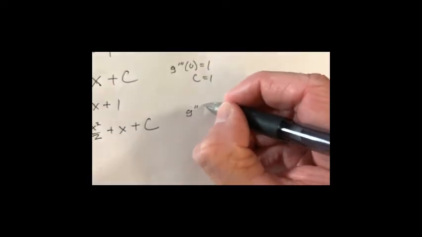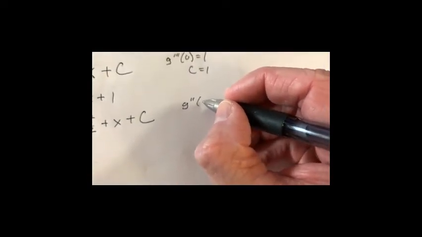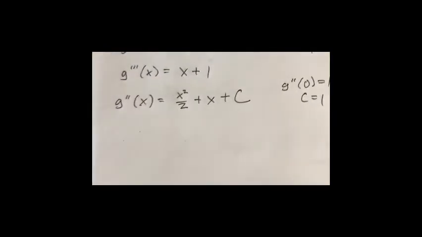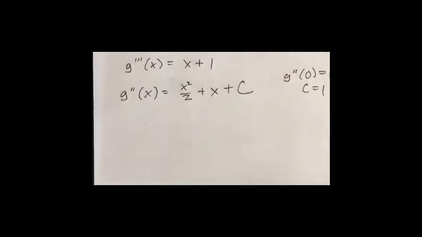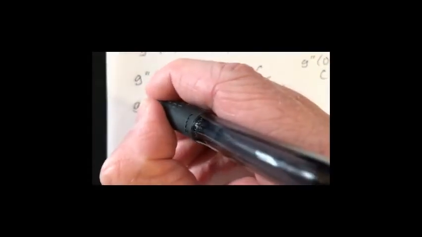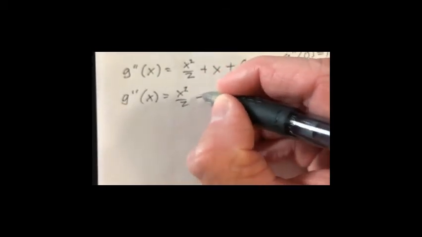The second derivative of e to the x at 0 would be equal to 1, which means my value of c is once again 1. That's why we're doing e to the x. Lots of repetition, lots of easy calculations for our different constants. So our second derivative is x squared over 2 plus x plus 1.